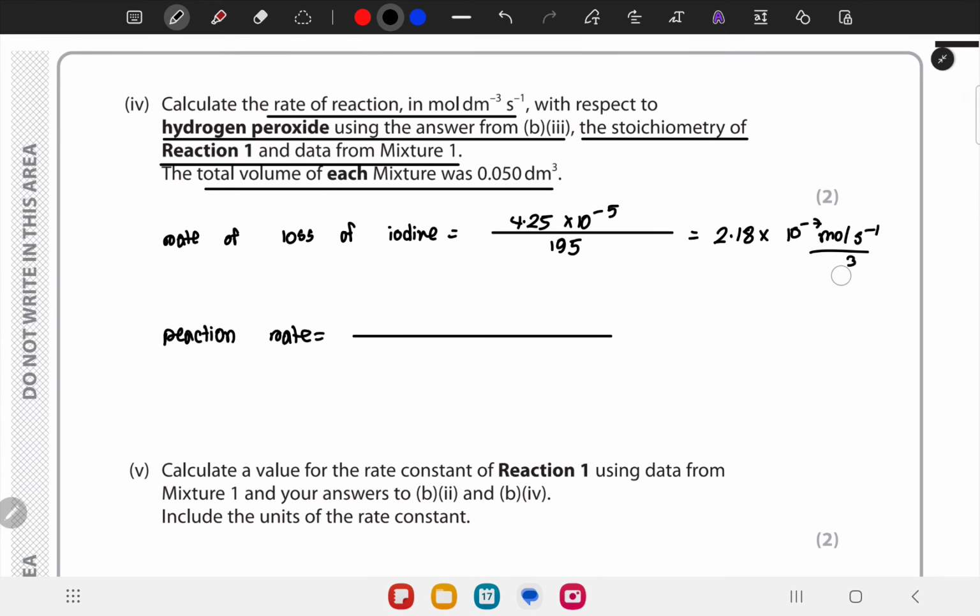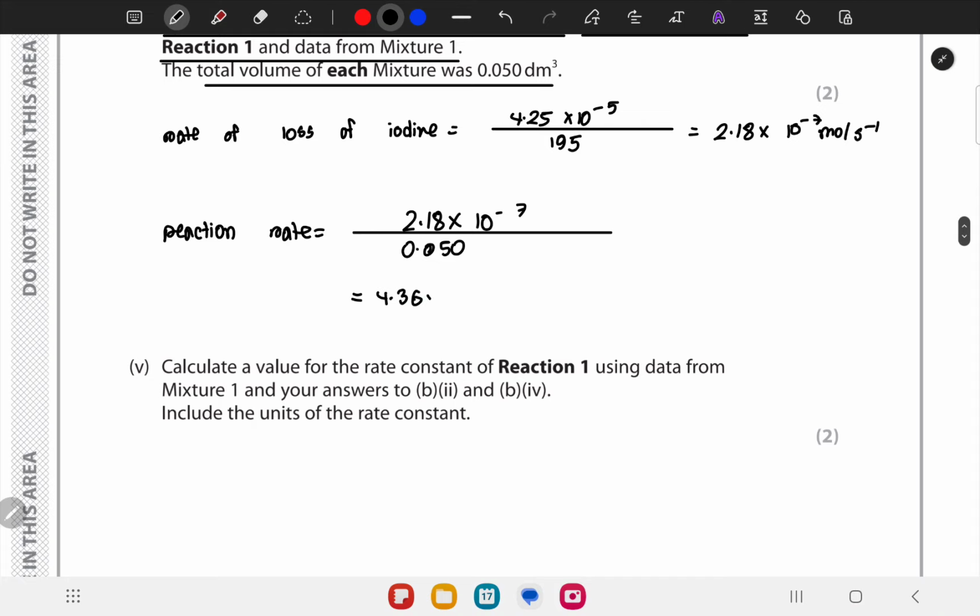So 2.18 × 10^-7 divided by 0.050 dm³, we'll get a value of 4.36 × 10^-6 mol per dm³ per second.